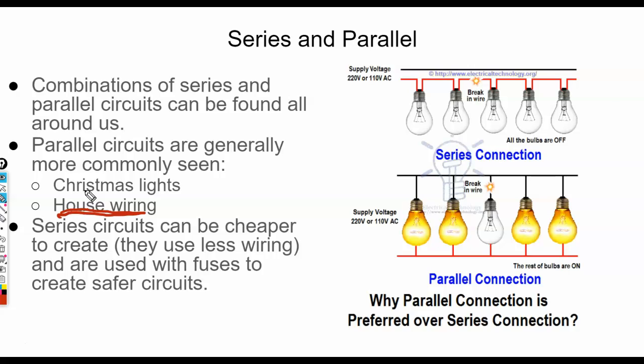So for example, if I plug in a toaster in the kitchen, and let's say I turn the light in the bedroom off, the toaster is still going to work because there's multiple pathways for electricity to flow in my house. It wouldn't make sense to have everything on a series circuit because then you turn off the light in the kitchen and everything in the house turns off, and that wouldn't make any sense. So parallel circuits are a lot more common than series circuits.